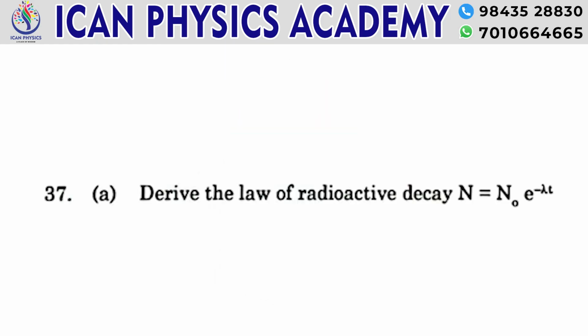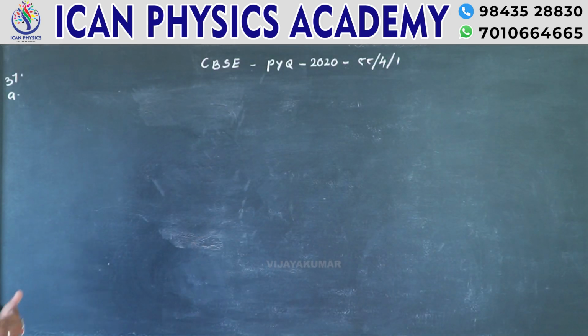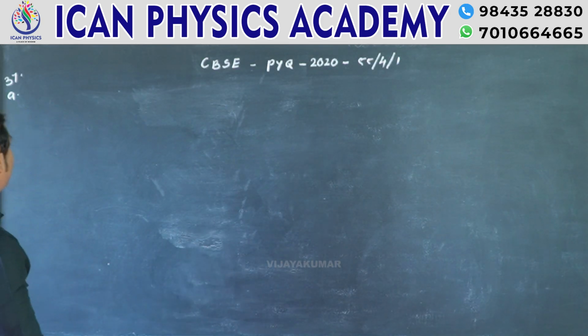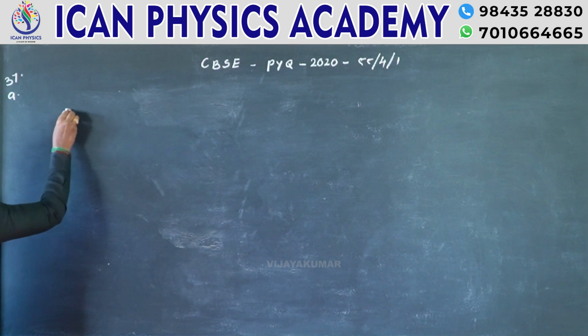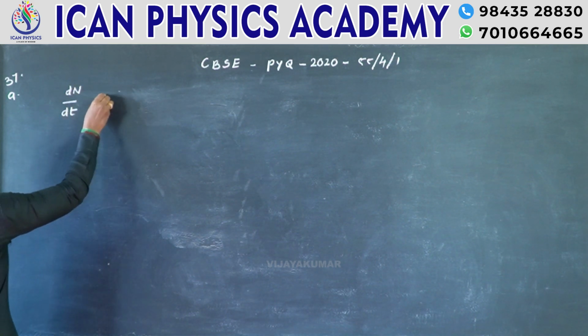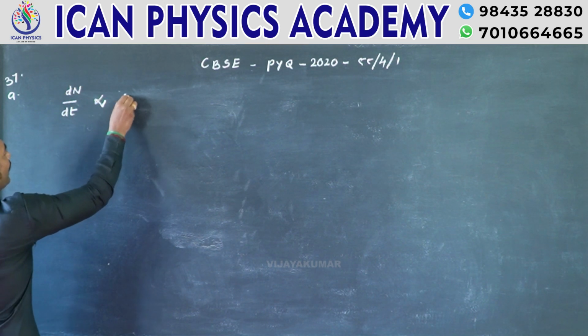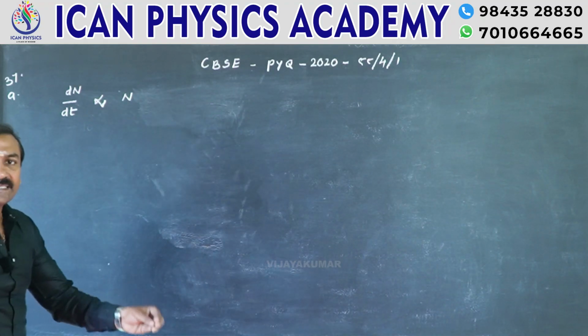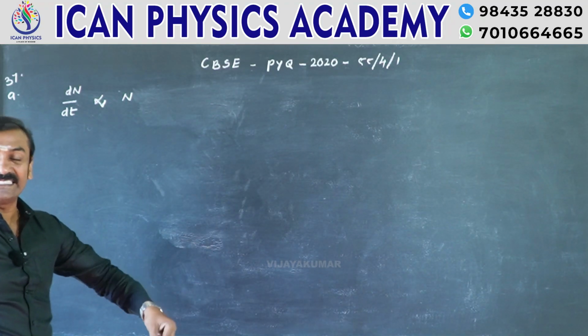Question number 37A. Derive the law of radioactive decay: N equal to N naught e power minus lambda t. So what is the radioactive law of disintegration? The rate of disintegration is directly proportional to the number of atoms present at that instant.